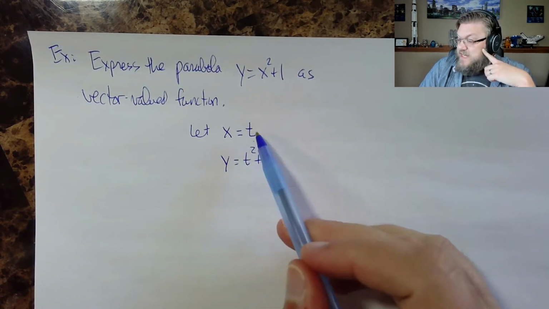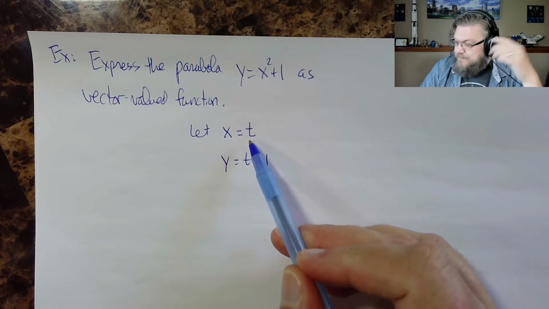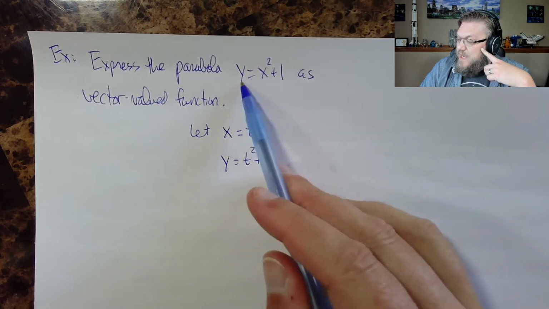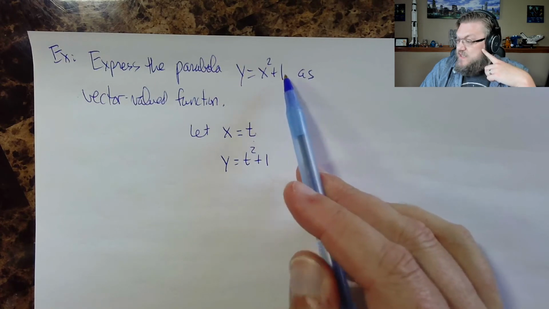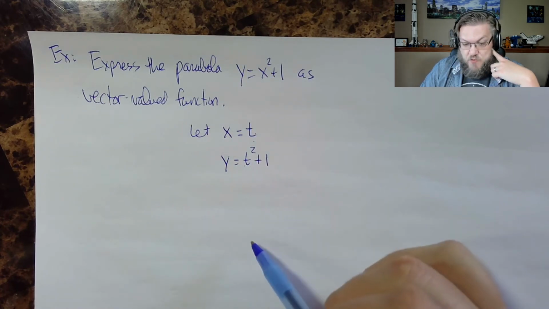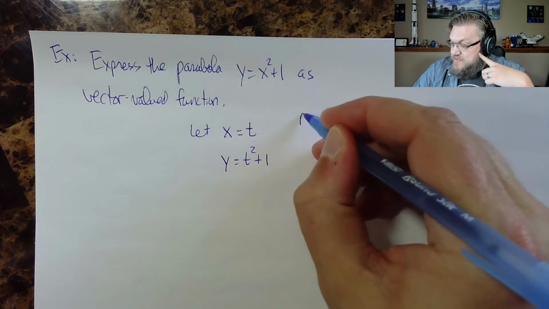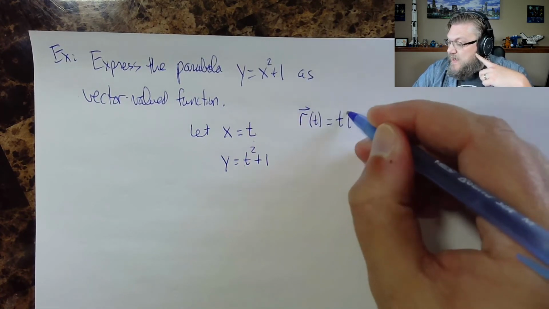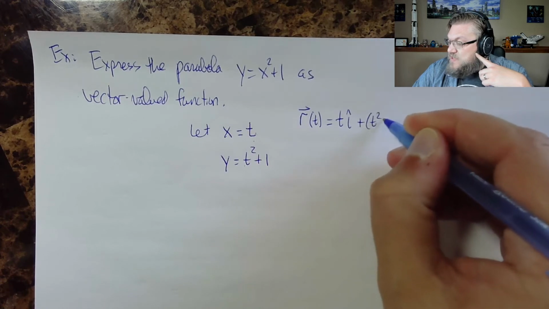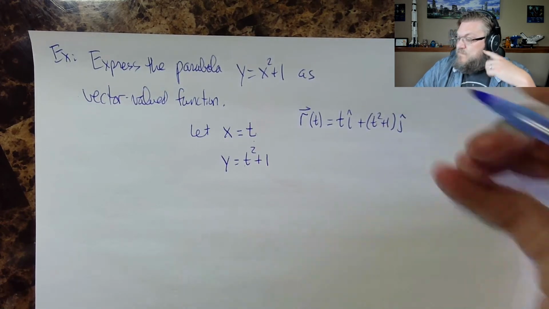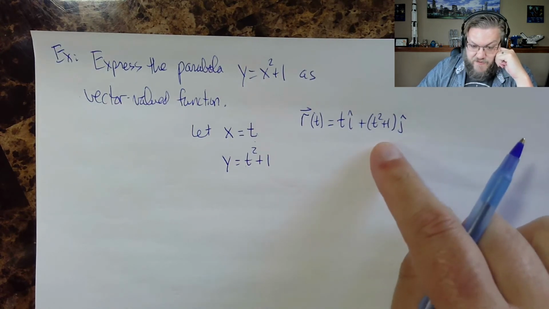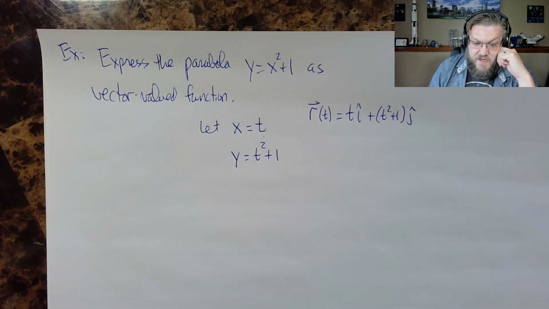So usually we call the x the t variable, the t parameter. And if x is the t variable, then y, because y has to equal x squared plus 1, would then have to be t squared plus 1. So one possible answer to this is r of t equals t i plus (t squared plus 1) j. That's one way to represent this curve as a vector valued function, right?